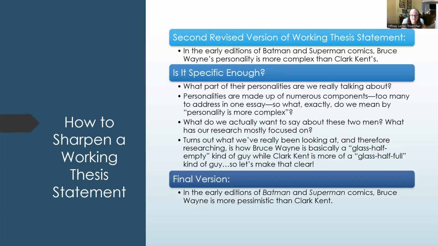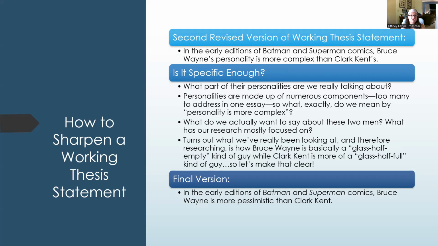But what in the heck do I mean by Bruce Wayne's personality is more complex? Personality is a very vague term. Complex is a very vague term because they can mean so many different things, right?